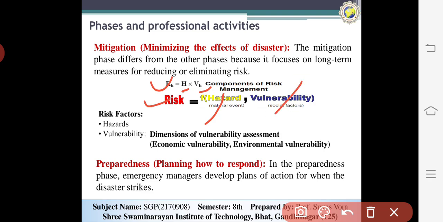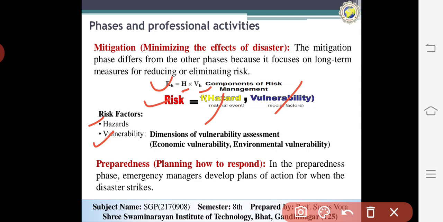Now we can study the risk. What is the risk factor here? There are two points to be considered: hazards and vulnerability. The dimensions of vulnerability assessment consider the economic and the environmental.